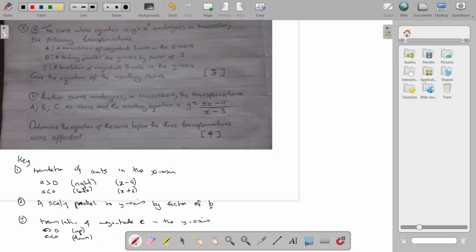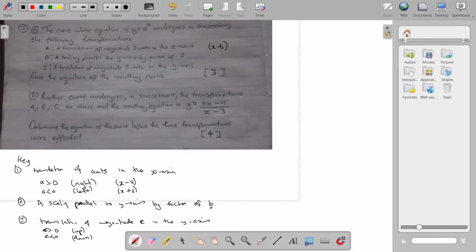So to answer the question that we are having in this case, from the graph that we are having, once the first step is happening, since we have a translation of magnitude 3 units in the x-axis, it simply means we are going to substitute where there is x by x minus 3, because our graph has been shifted 3 units to the right.